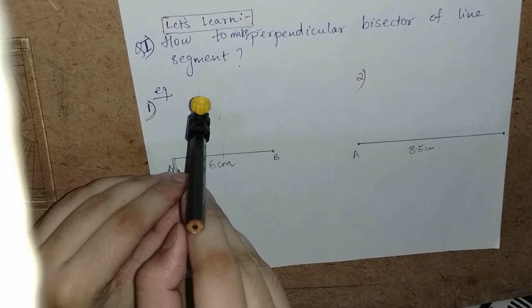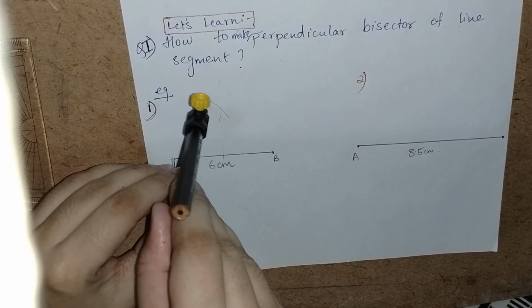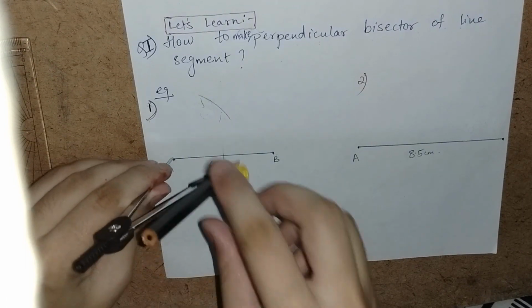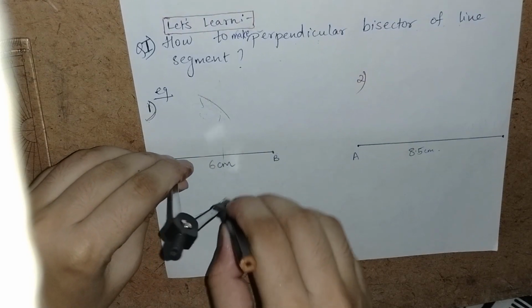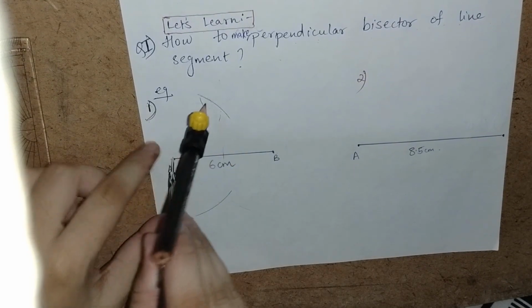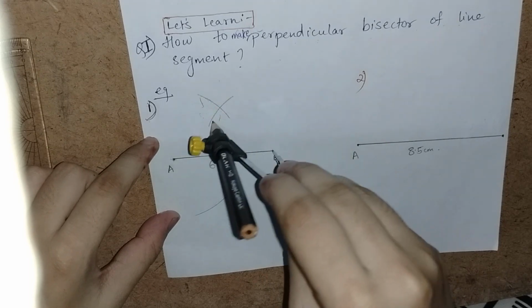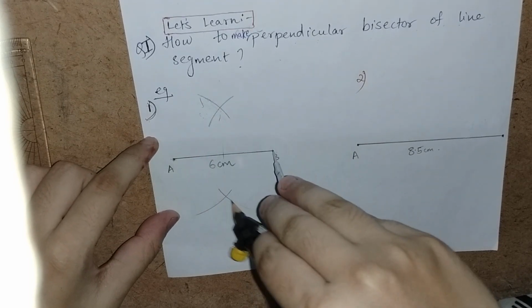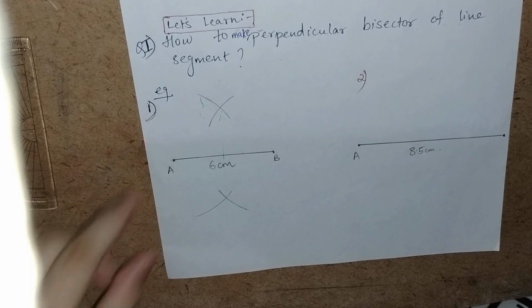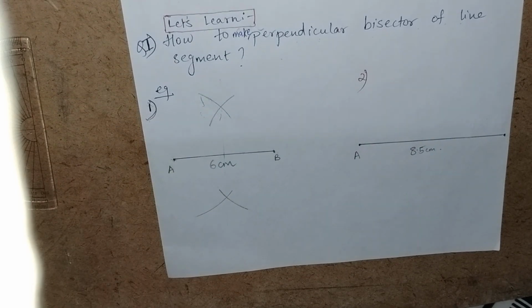From one end, mark an arc upside and below also. From the other end, that is at point B, mark the arc upside and below. Then you can see the cross.